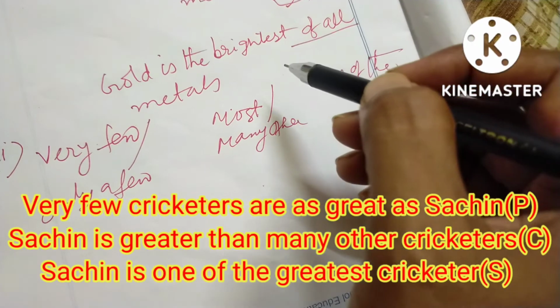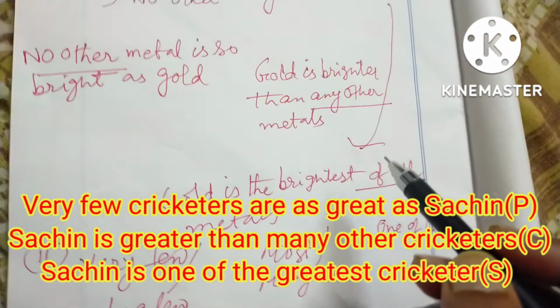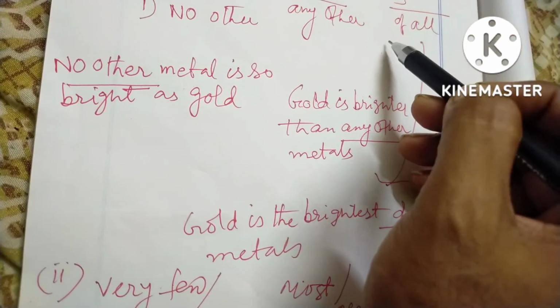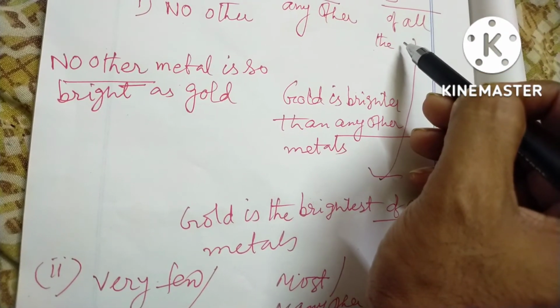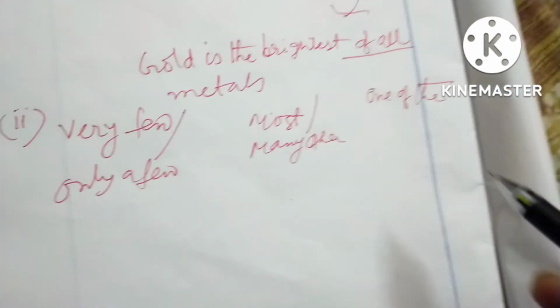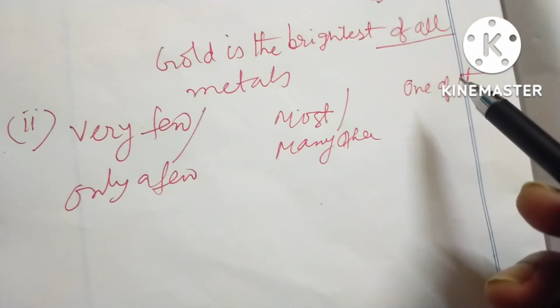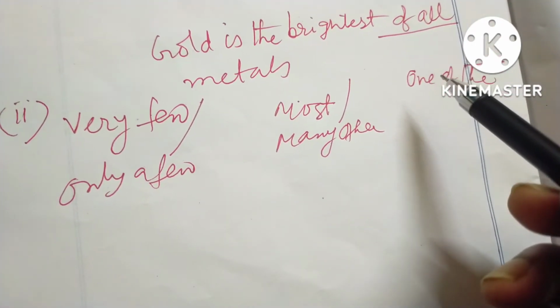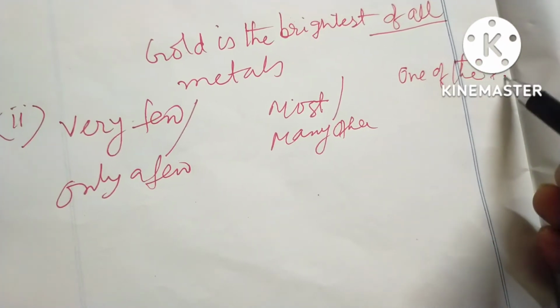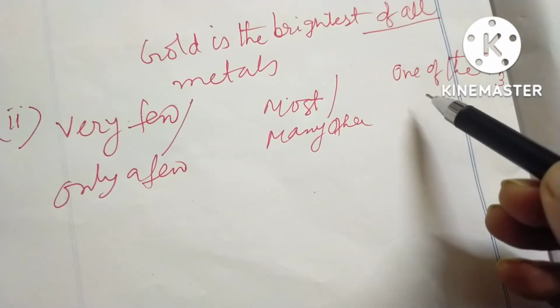So in the case of no other, of all and the and degree 3 are used, but in the case of very few, when we transform it into the superlative, then one of the, then the third form of degree is used.